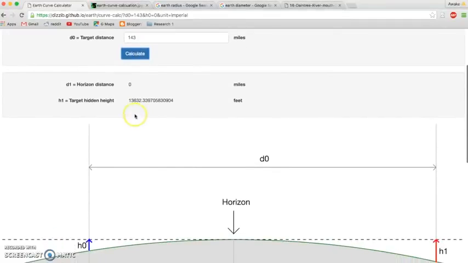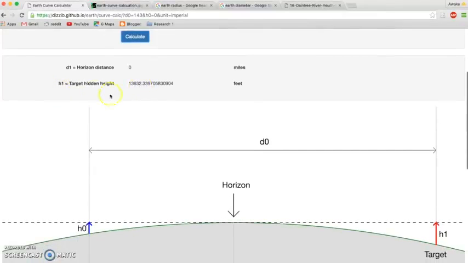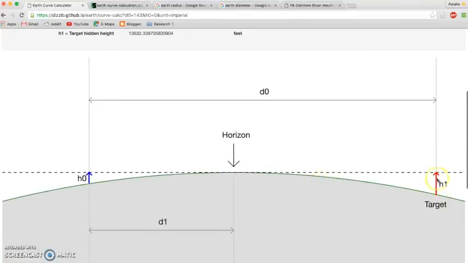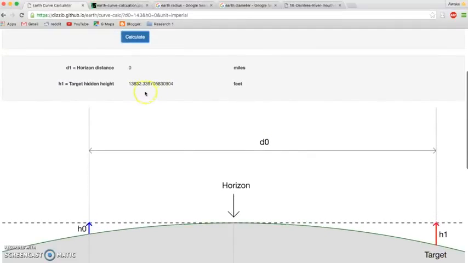So what that gives us is 13,632 feet of curvature. So H1 is right here, H1. So this is right at sea level, and if the Earth is a ball and it curves, this distance, H1, at 143 miles, is 13,632 feet.